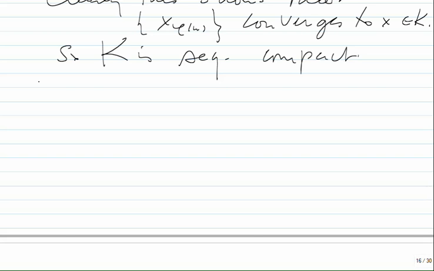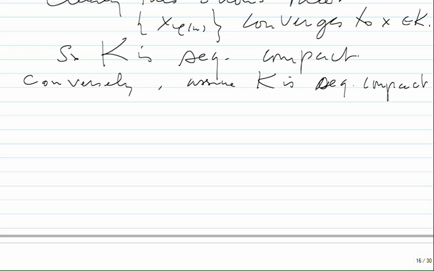Conversely, assume K is sequentially compact. Okay. Let us prove that K is compact.